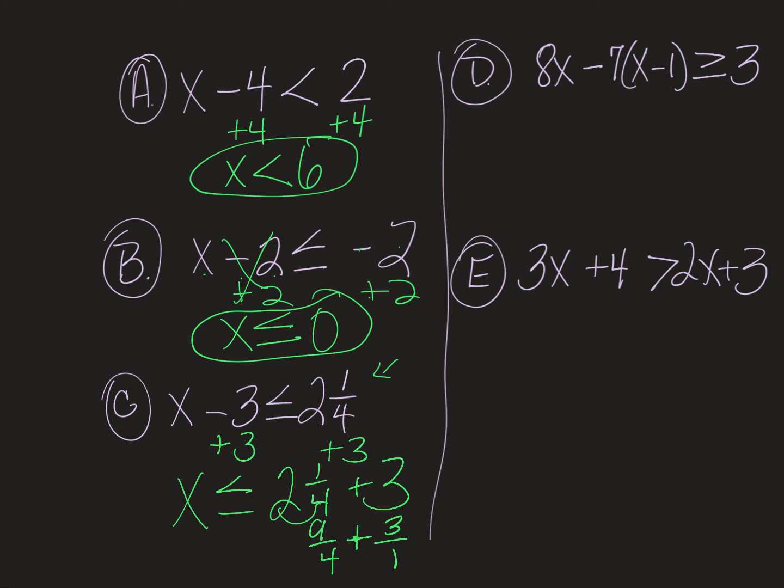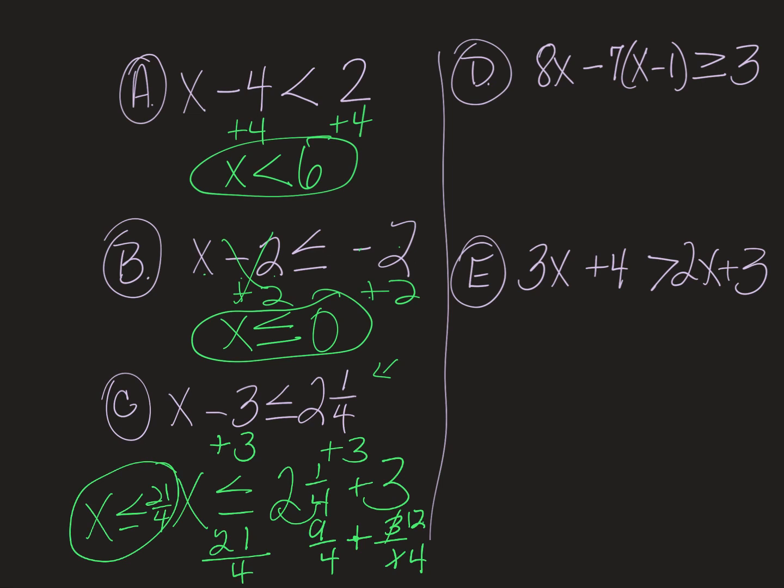You have to have a common denominator, so it would be 4. So you would multiply this times 4 and this times 4. Then you have 9 plus 12, which is 21/4.